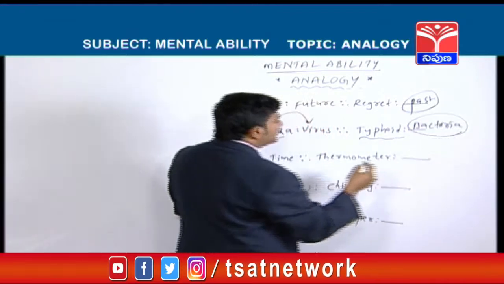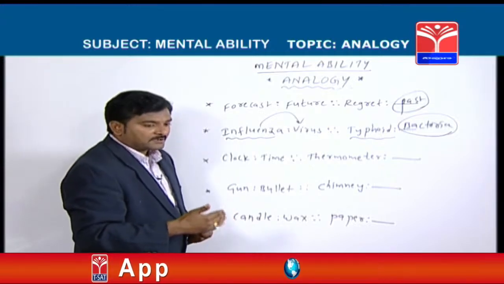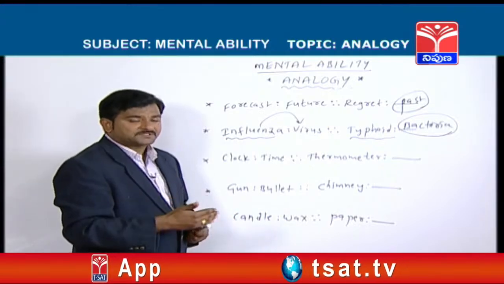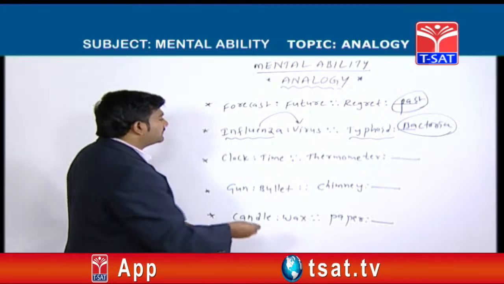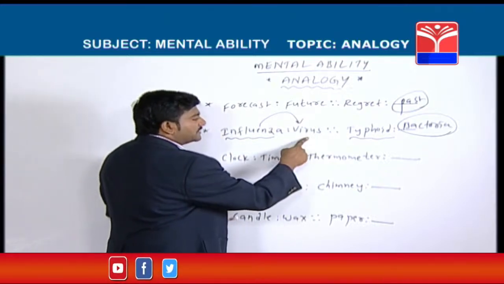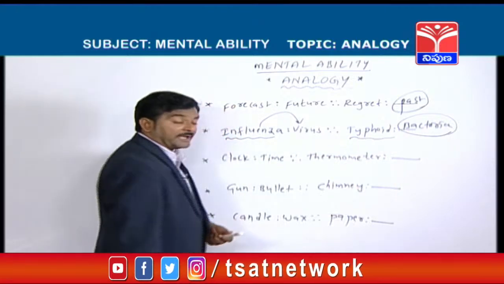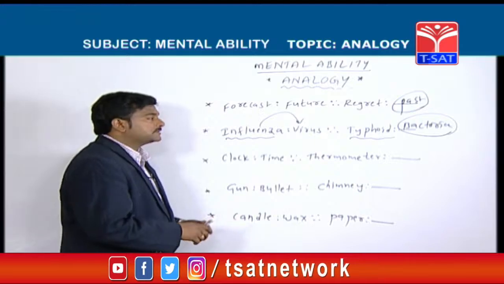I hope you understood. So the relation involved is that the first one is caused by the second one. Influenza disease is caused by a virus. Similarly, typhoid disease is caused by bacteria. That is the concept involved.